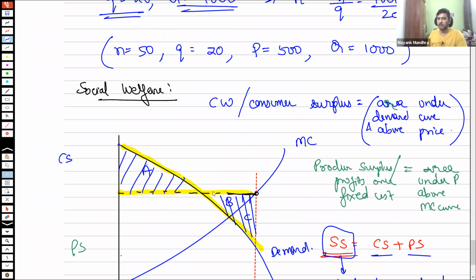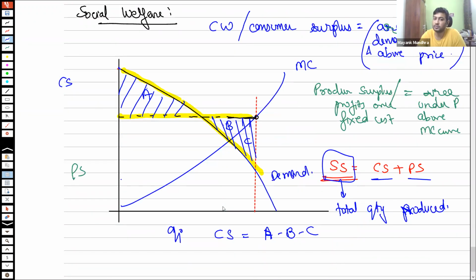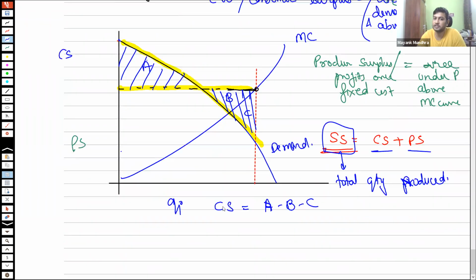Since here the demand curve is below price, consumer surplus is going to be negative. Let me get rid of these lines.